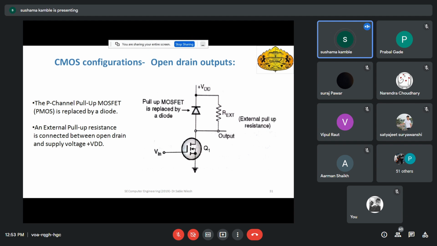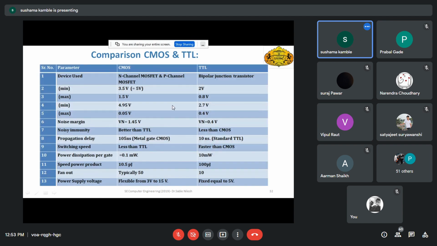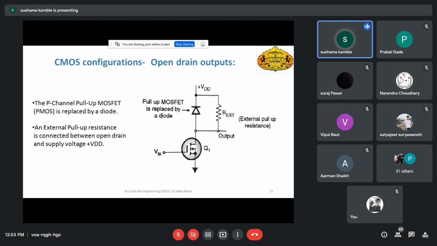The RC time constant depends upon this external resistance, which is in kilo ohms. So the switching speed is very slow. That's the drawback of using these outputs. Is it clear? For open drain only, the P MOSFET is replaced by this external diode and resistor combination.